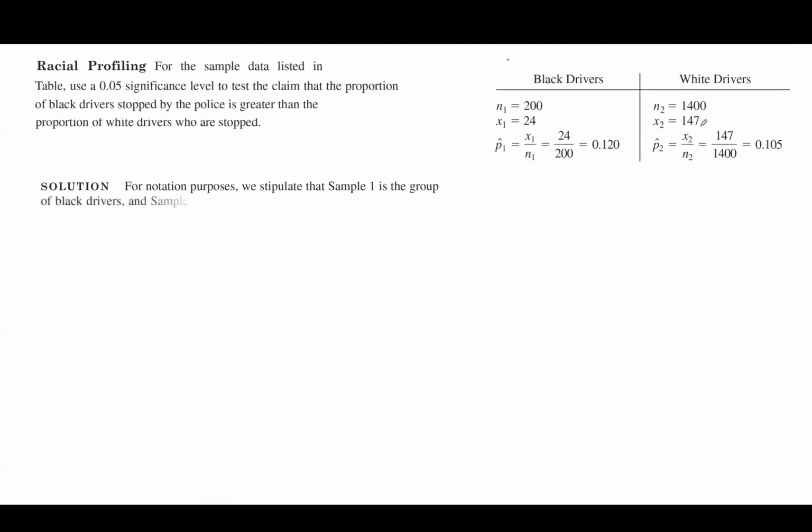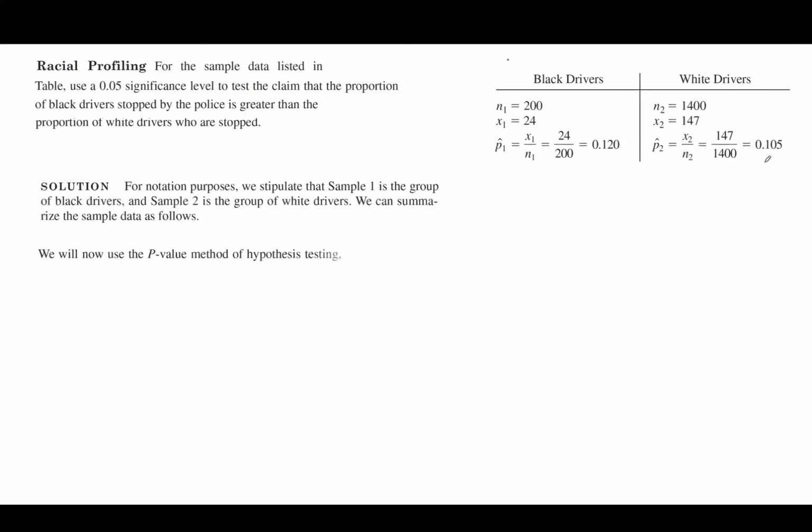So the very first sample proportion is 24 divided by 200, which gives you 12%. The second sample proportion is 147, the number of people who are stopped by police, divided by the total number of people in the second sample, which is 1,400, and gives you 10.5%.